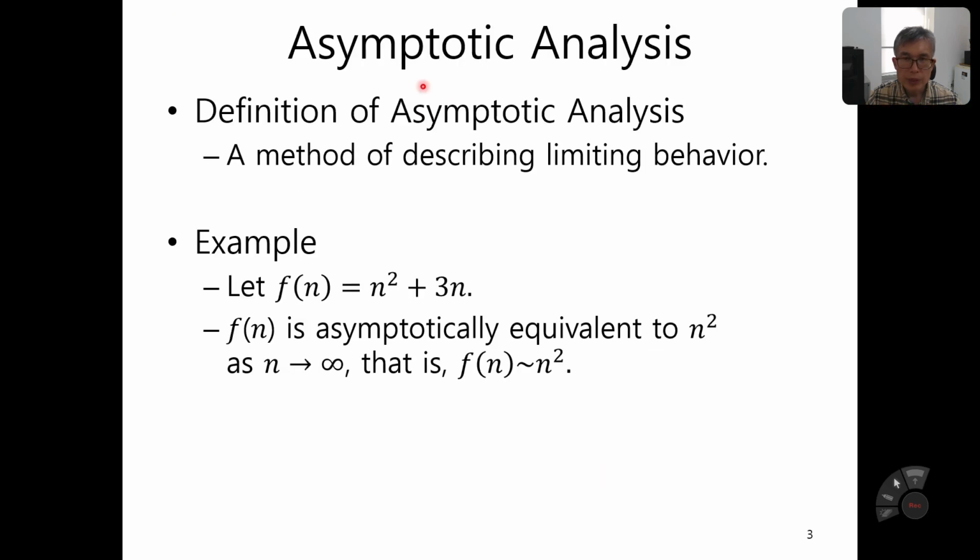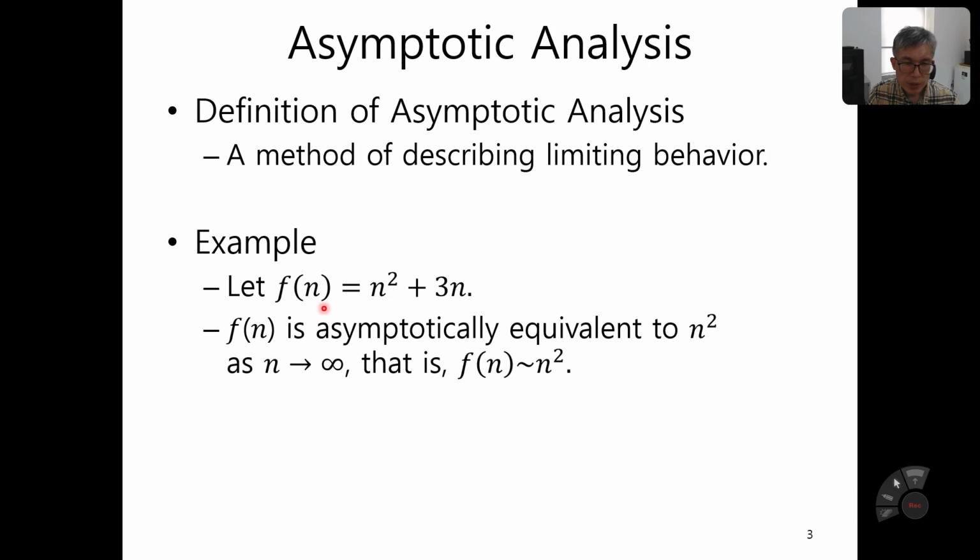So asymptotic analysis is a method of describing limit behavior. For example, let a function f(n) be n squared plus 3n. f(n) is asymptotically equivalent to n squared because n squared is the dominant component.